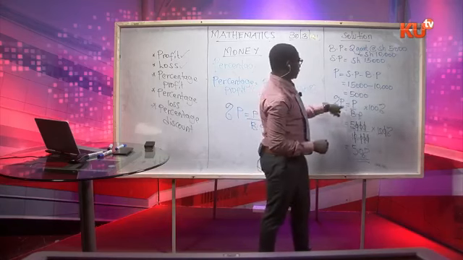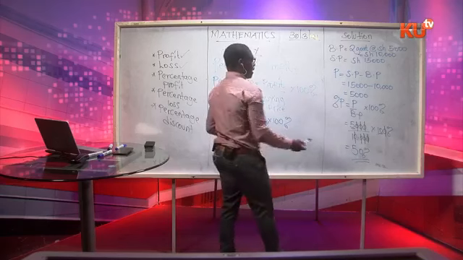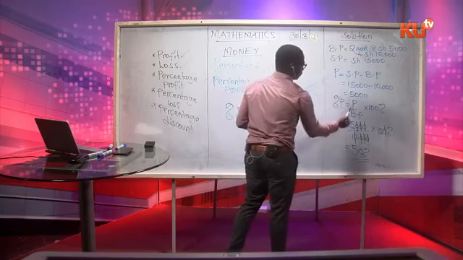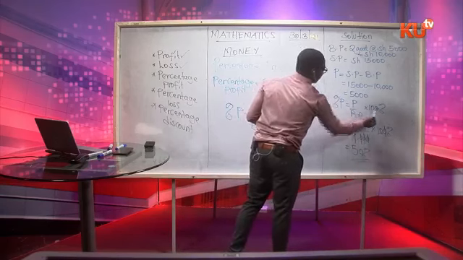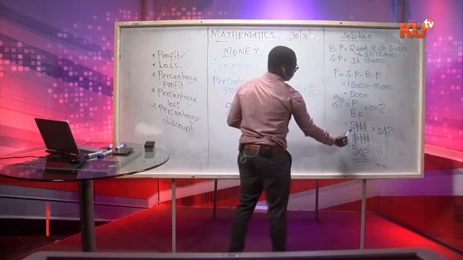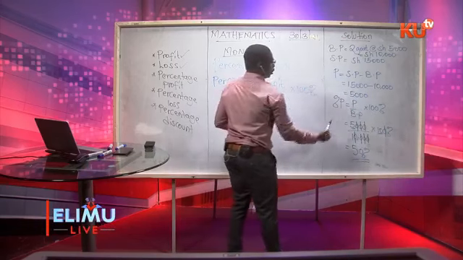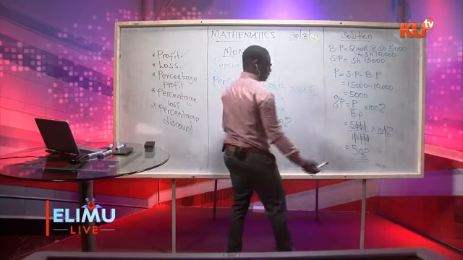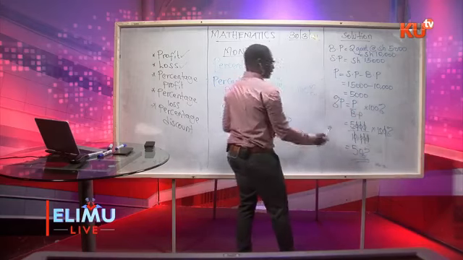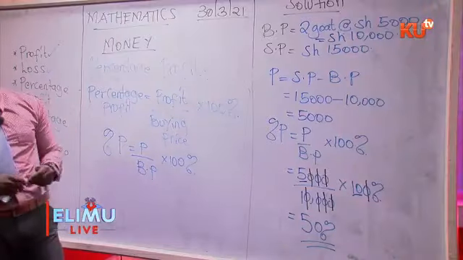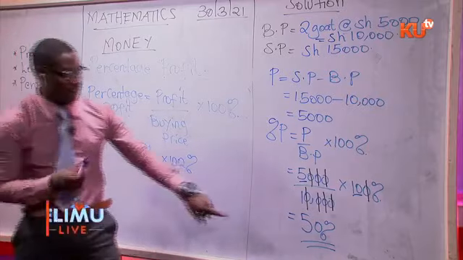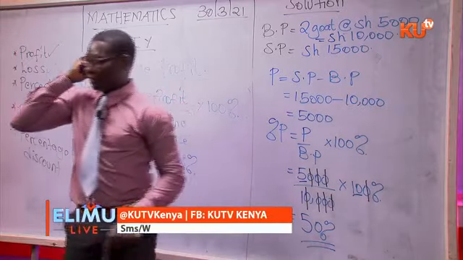Then percentage profit is equal to profit over buying price times 100%. So 5,000 over 10,000, multiplied by 100%. You simplify and you get your answer as 50%. If you write 50, that is wrong. It's supposed to be 50%.